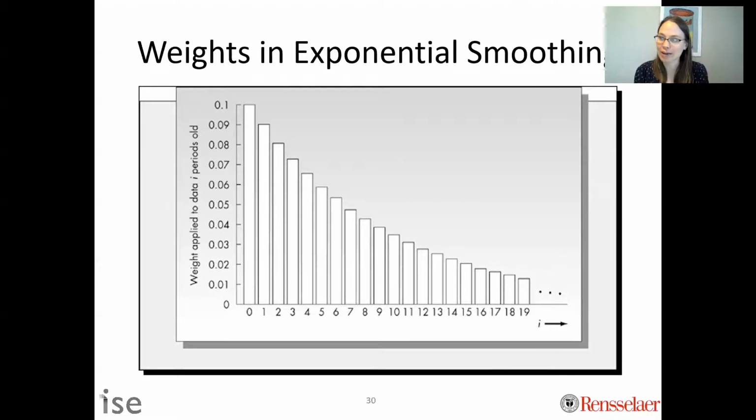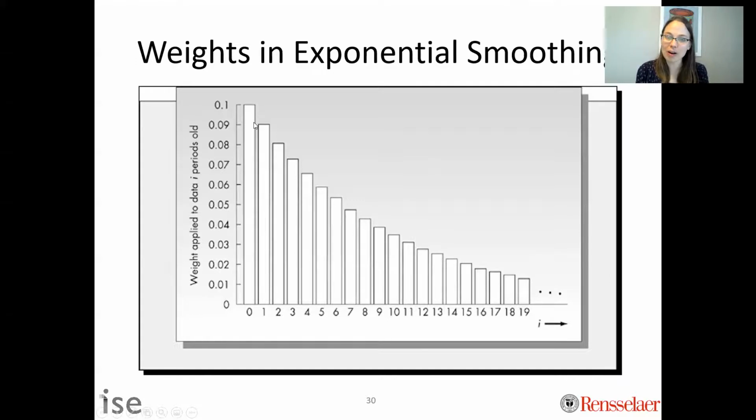It's a weighted average. So you may say, okay, great, what the heck does alpha do? One thing I want to emphasize is that for any value of alpha strictly between 0 and 1, you always get this pattern of exponential decrease in weights. Data points further away have less weight than ones closer. What alpha does is change how steep this is.